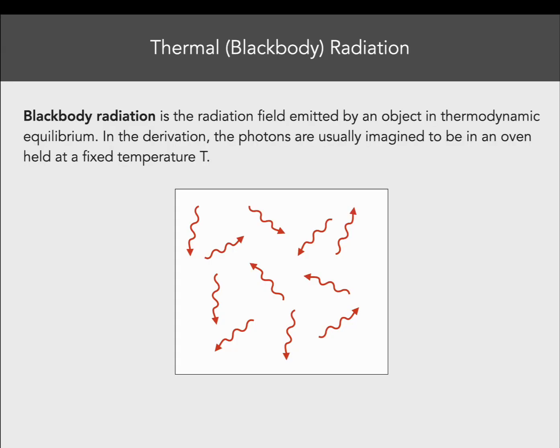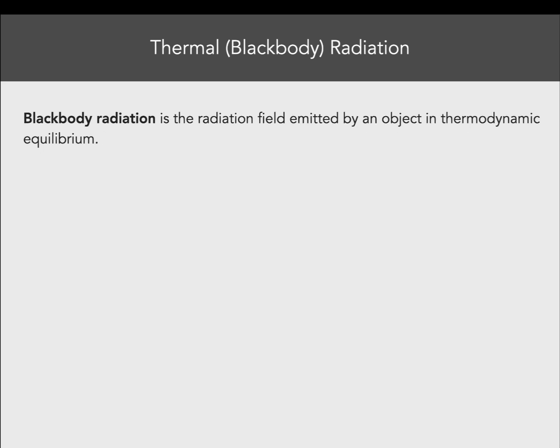In this second example, we'll look at the case of a radiation field that's in thermodynamic equilibrium with its environment. Usually when this result is derived, you imagine photons in an oven held at a fixed temperature T. But the result is equally applicable to objects in local thermodynamic equilibrium that are radiating outward into space.